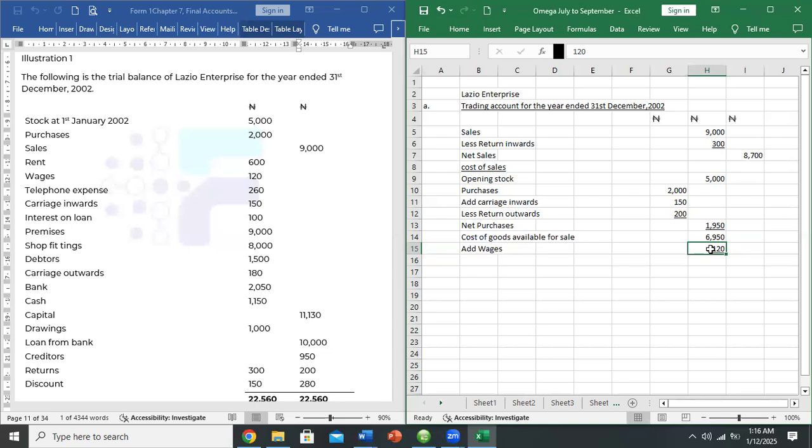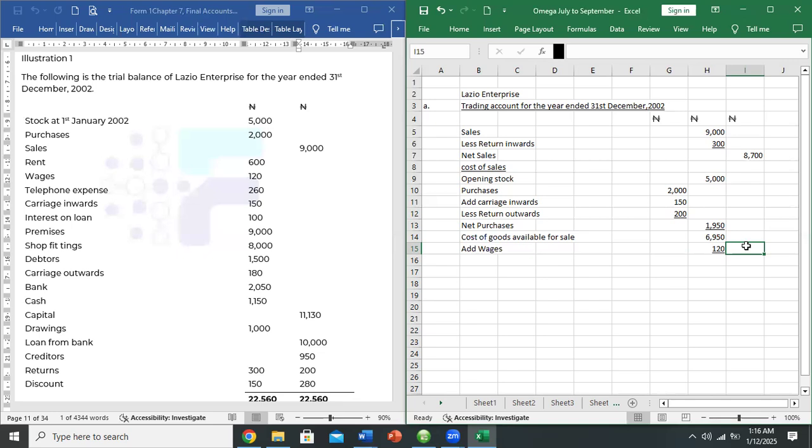But if there is no closing stock, you continue with the next thing you have to do, which is to add your wages. And that will give you your cost of sales now, which is shifted to the third column under your net sales so that you can get your gross profit or gross loss.